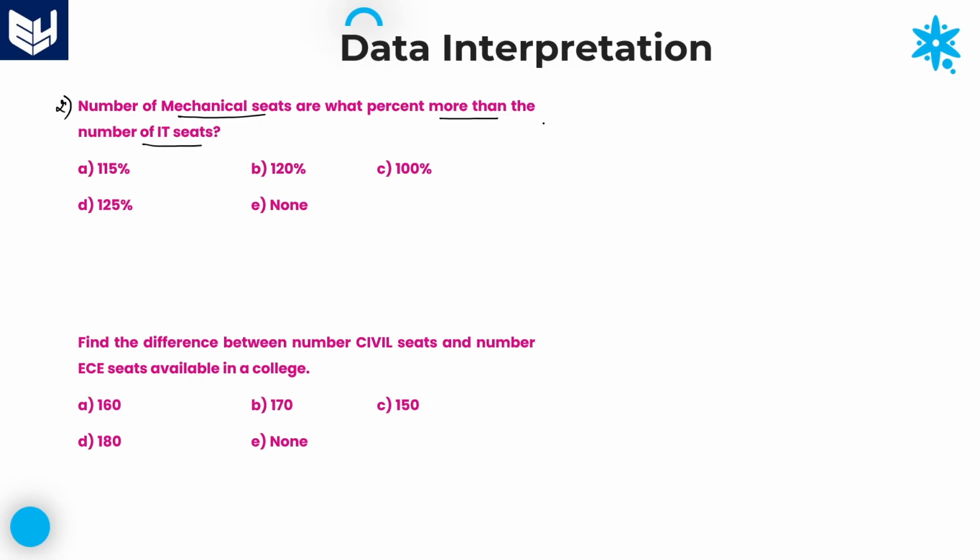If you want to calculate percentage more than, you take the difference between those two values, divided by the less value among those two departments, into 100 percentage.